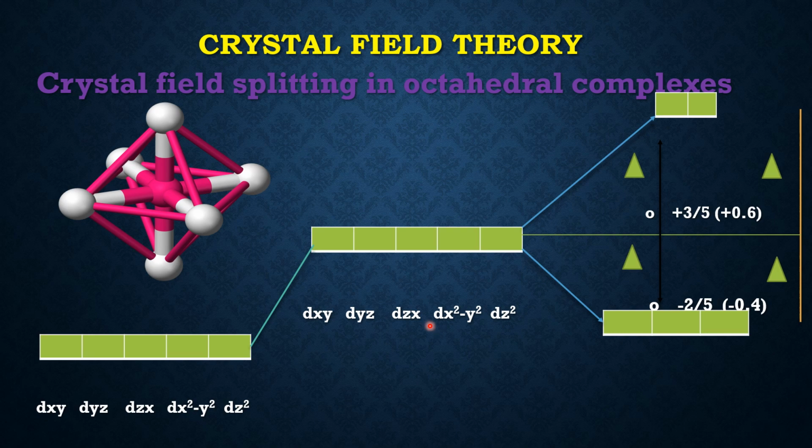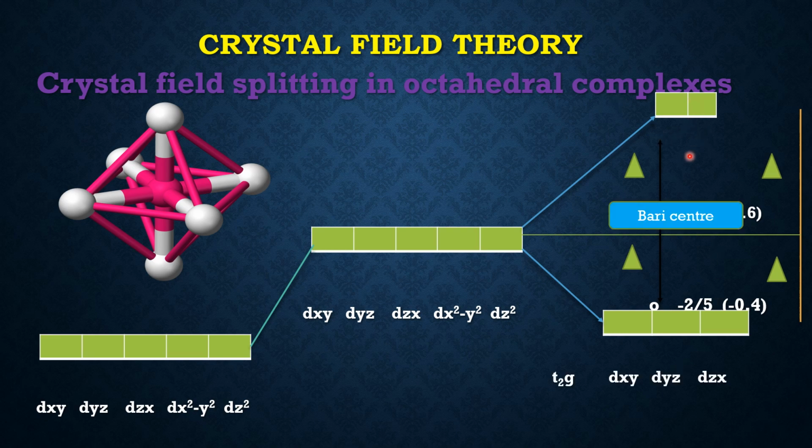So especially in octahedral complexes, dx square minus y square and dz square have higher energy, so the splitting is more. The orbitals in between the axes come to the lower end, because the electron moving through the axis cannot be accepted by the in-between orbitals. The orbitals along the axis have higher energy.